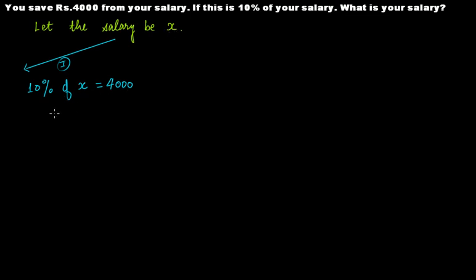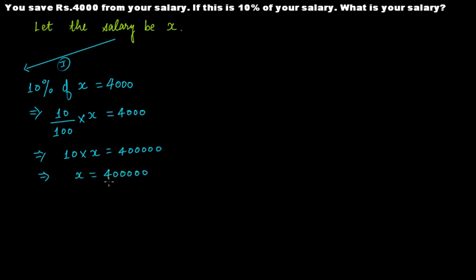So 10% of X is 4,000, and if you solve it, you get 10 over 100 of X as 4,000, and if you solve this, you get 10 times X as cross product. This gives you X as 4,000 times 10, you get X as rupees 40,000.